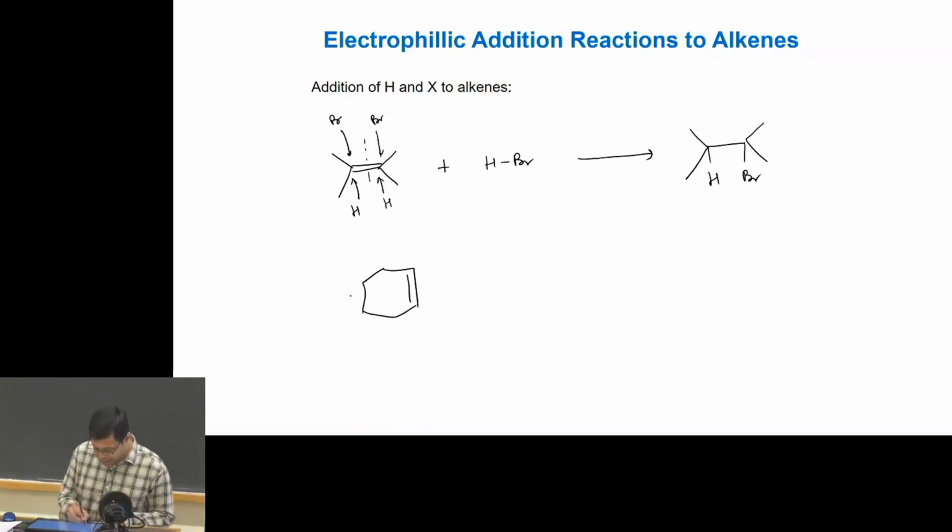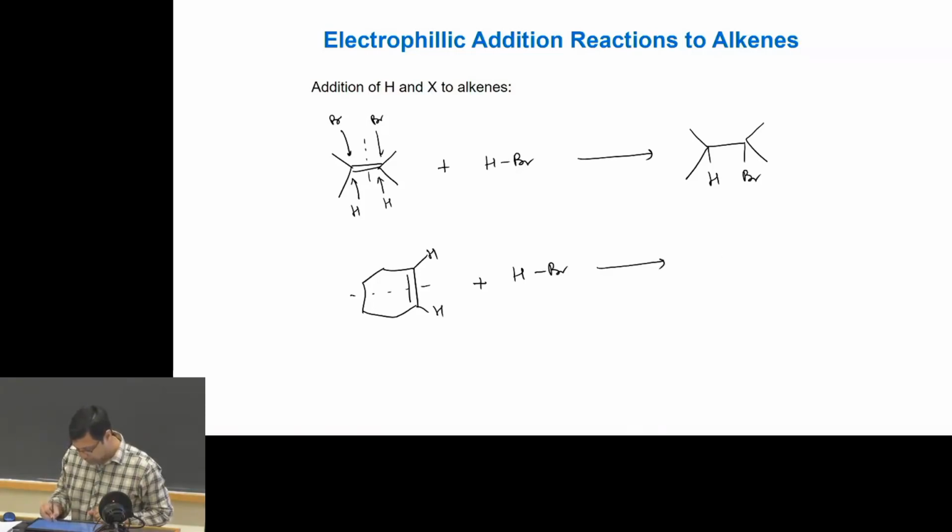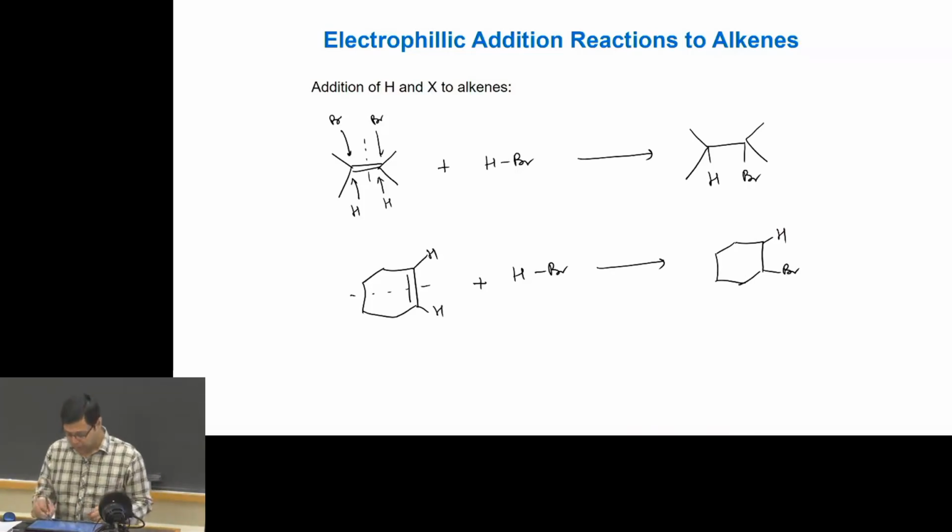Again, this is a symmetrical alkene. Both those carbons are the same. You can add H to the top carbon or to the bottom carbon. Br to the top or to the bottom. You'll get the same answer. The other hydrogens are still present.